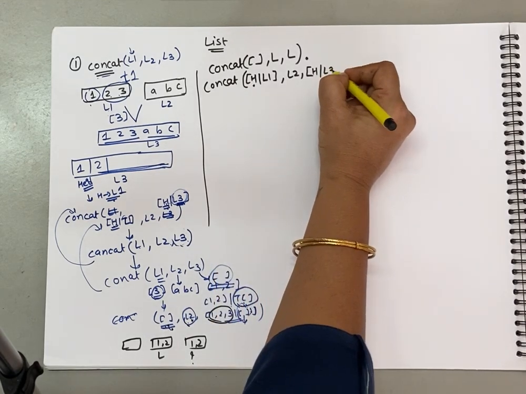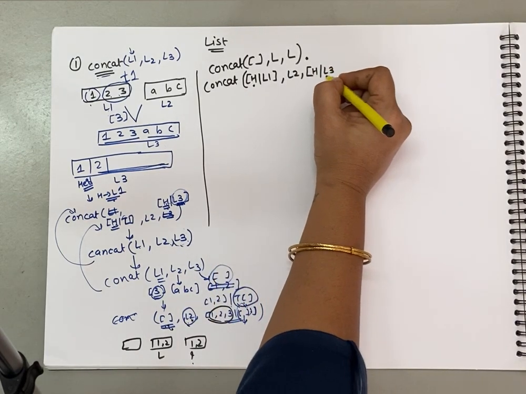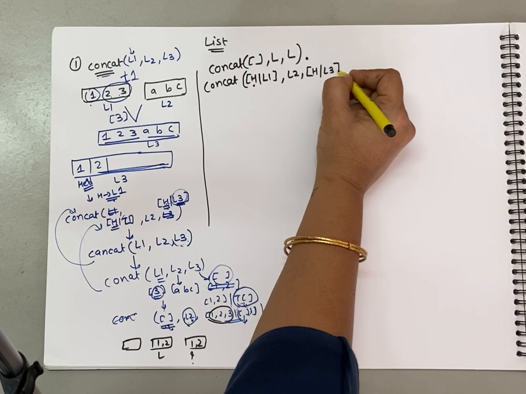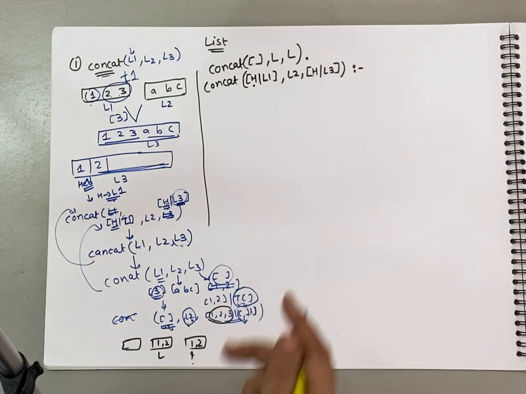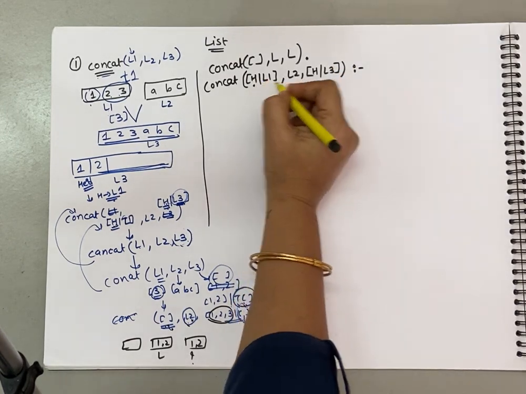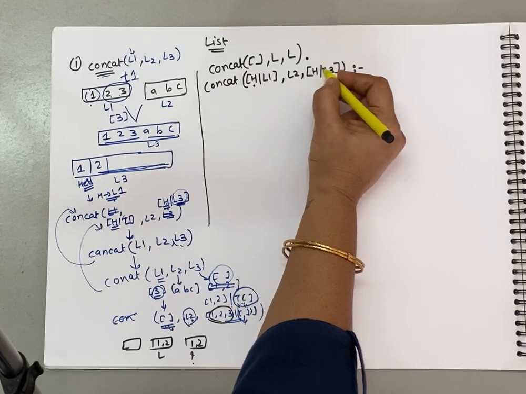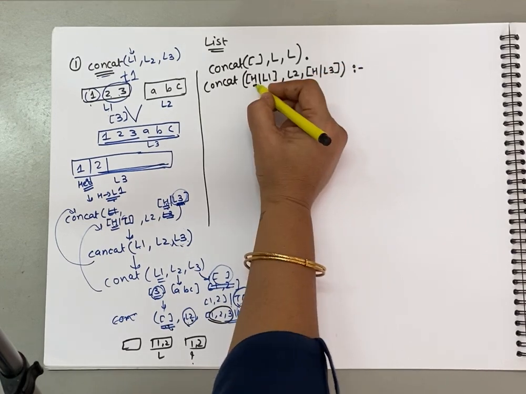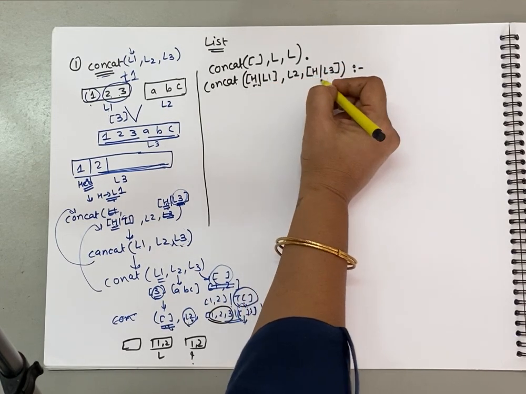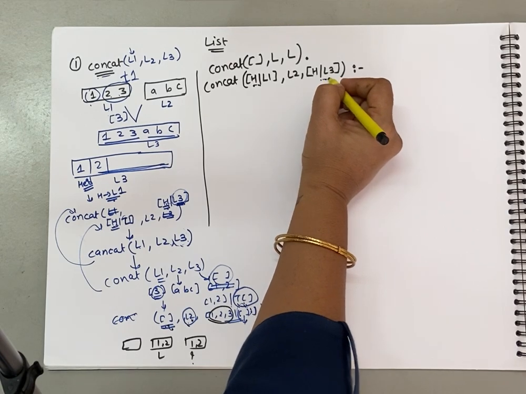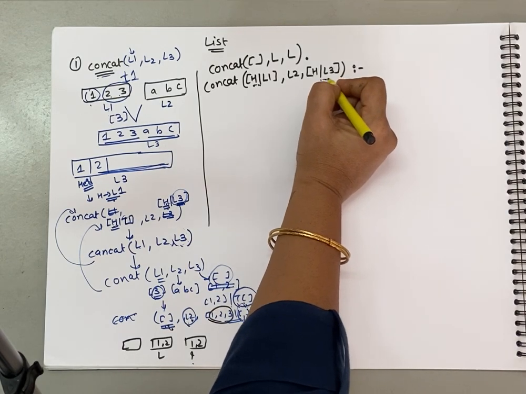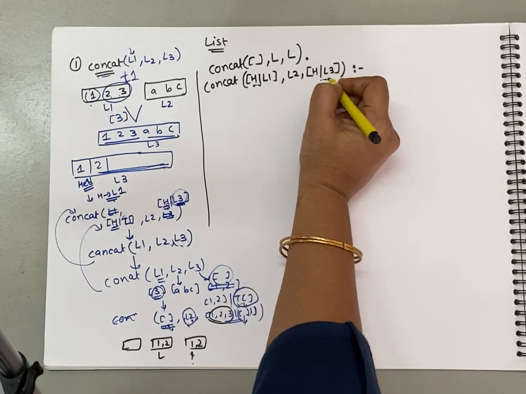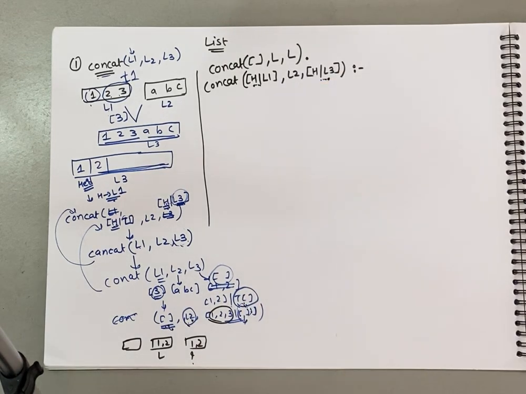Let us say that the tail of the resultant list is called L3. So this is what we are generating in the rule. Let me repeat what you are doing in the rule. If you won't do this, it will be reverse. What you are making sure over here is that whatever is the first element of the first list is going to be the first element of the resultant list also. That is what concatenation actually is, so that the elements will be recursively added in sequence, otherwise it will make the list reverse.